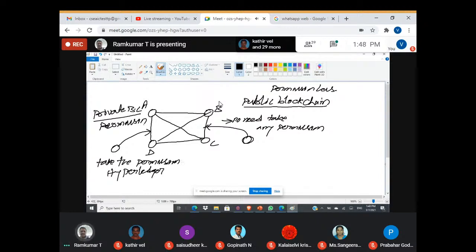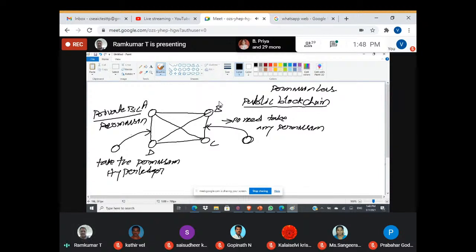Now, as we understand what a public blockchain and a private blockchain are, I will give you a general example. If I want to visit any MRO office or RDO office, no need to take any permission, right?